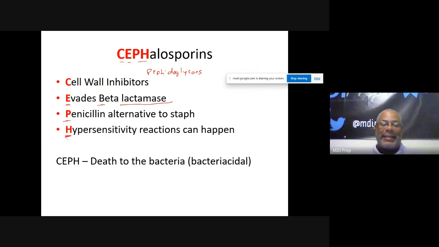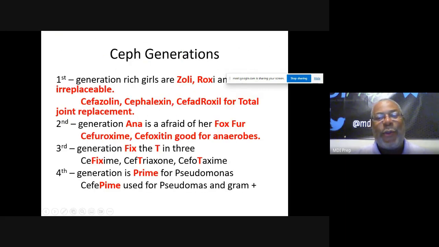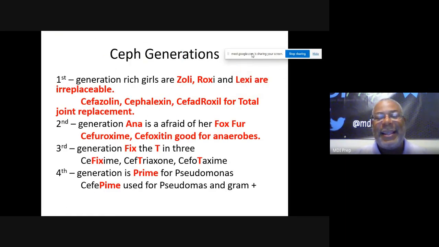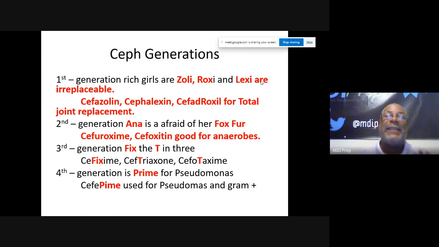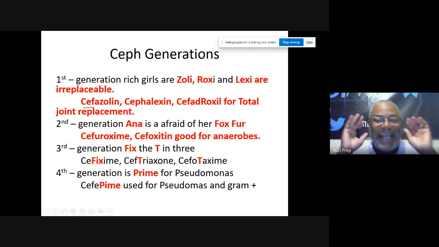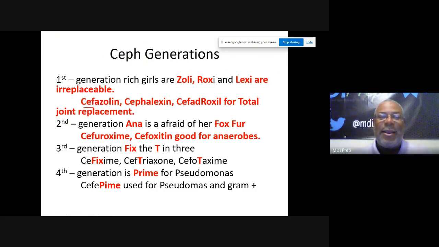Now, let's talk about these cephalosporins for a second. The way you look at this on the exam is being able to identify if something is a cephalosporin. Most times, if you see the word ceph, either CEPH or CEF, it's a cephalosporin. Okay, does everybody understand that? Now, the next concept, listen closely. When they discovered cephalosporins, the first generation only covered a few things.